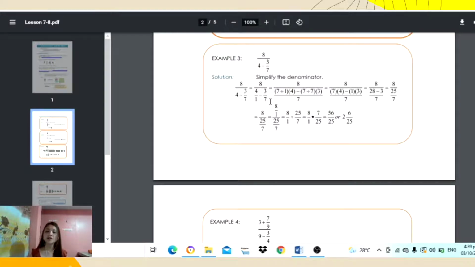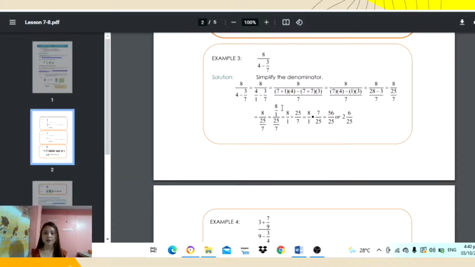In order for us to perform subtraction, we have to get the least common denominator, or the smallest common multiple. So we have to get the multiples of 1 and 7 and then spot the smallest common to both.